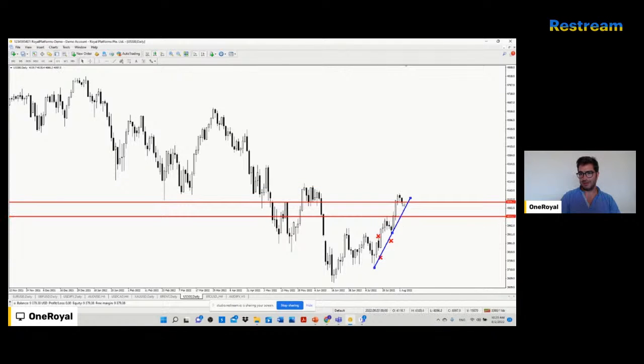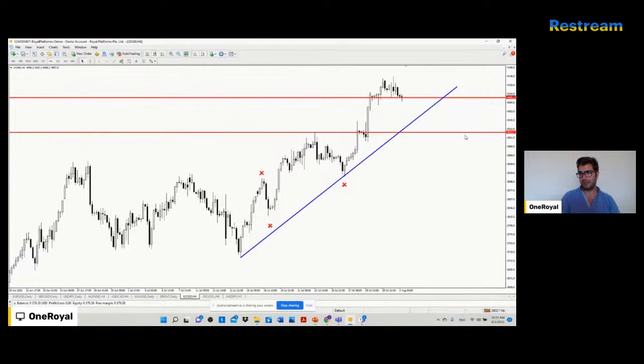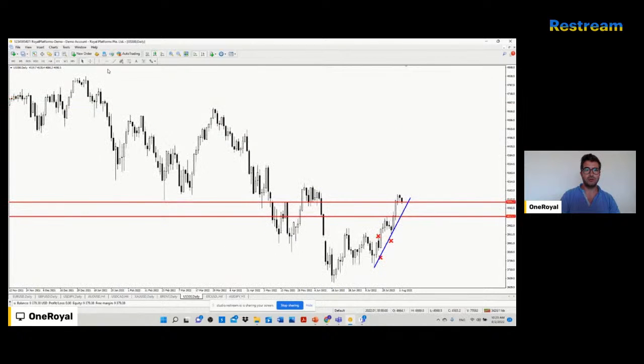Okay, so I will wait until the market breaks this bullish trend line and see lower highs and lower lows on the 4-hour time frame and a close below the 4013. Then I will start to sell the US 500 all the way down, maybe to this level here.